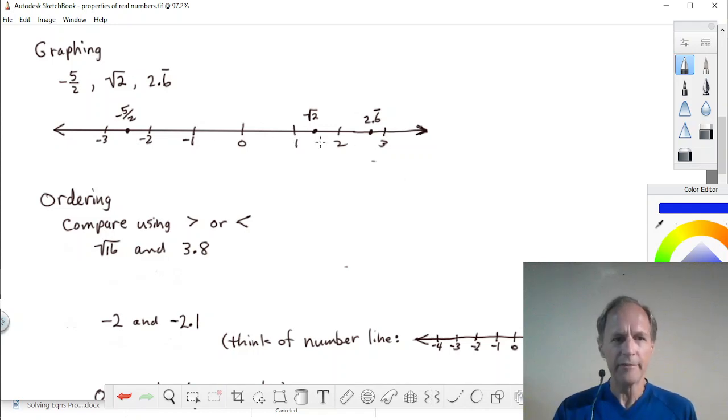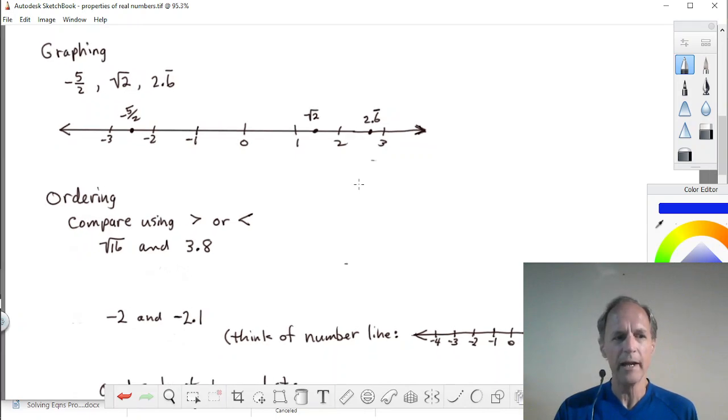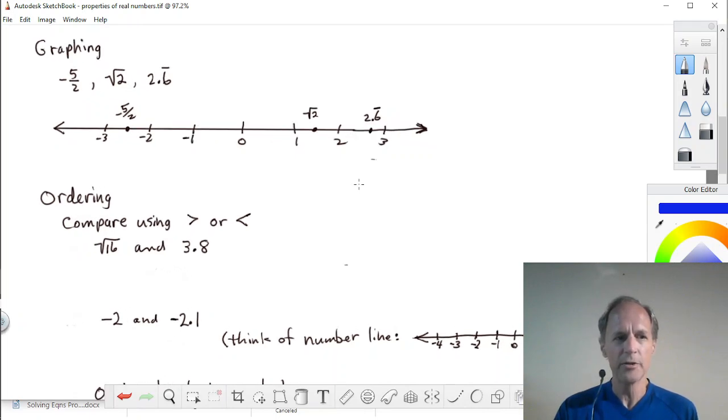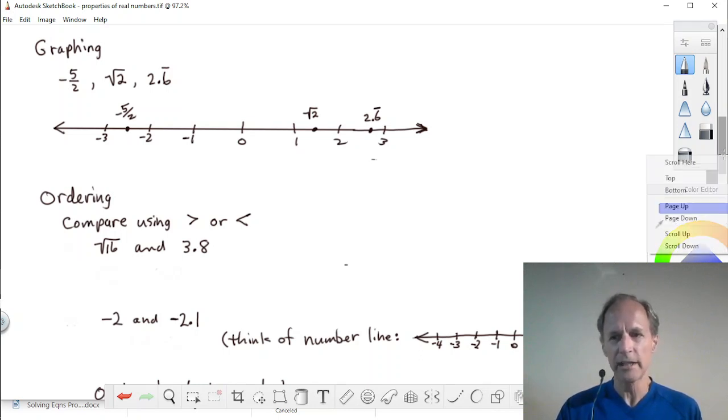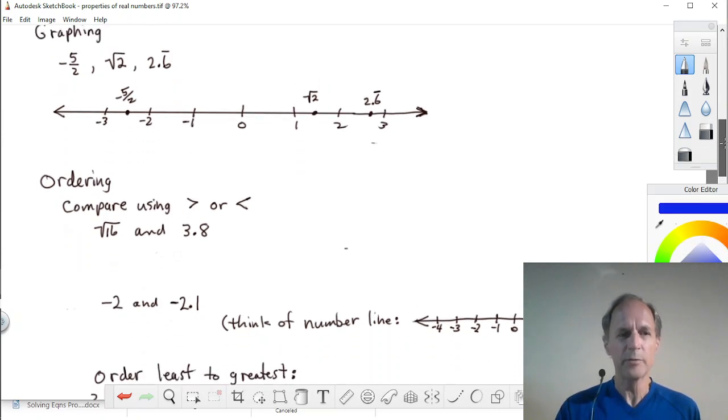So you can graph these numbers. You can also order these numbers. You can always compare any real number to another real number, and it's going to be less than or equal or greater than another real number. You can compare rationals to irrationals. That's a little tricky with the actual math that has to be done. We don't have to worry about it.